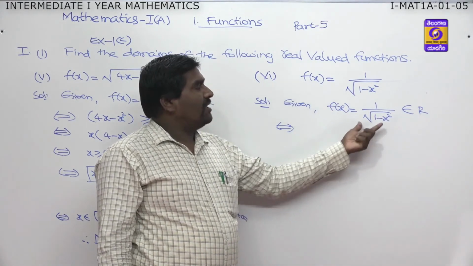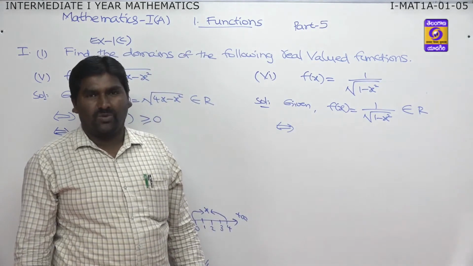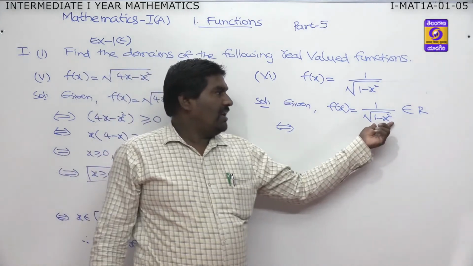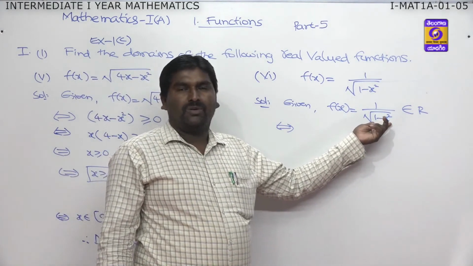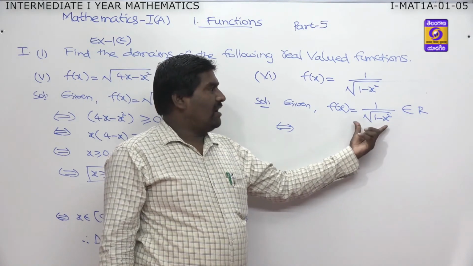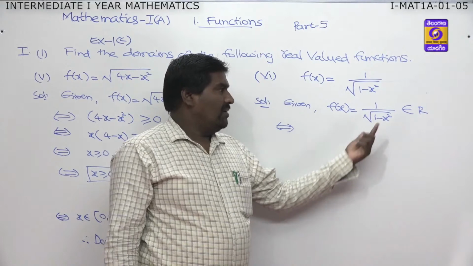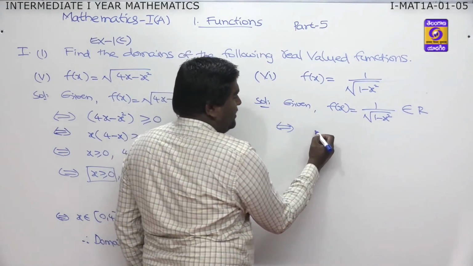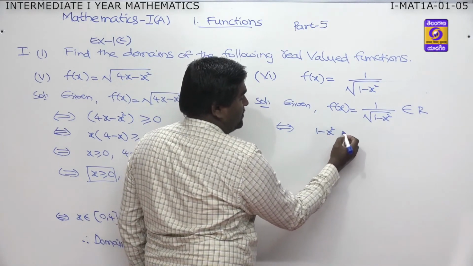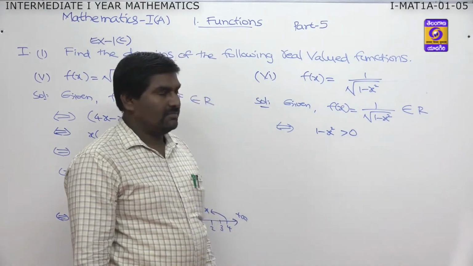You know that values greater than or equals to 0 have square roots. Here, since root of 1 minus x square is in the denominator, we have to take the condition that 1 minus x square must be greater than 0.